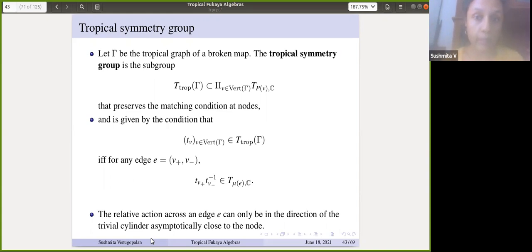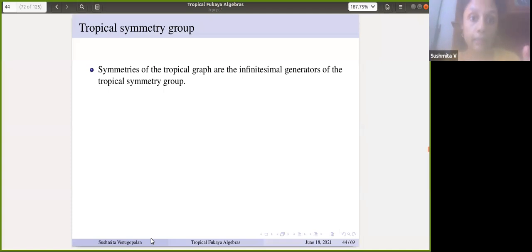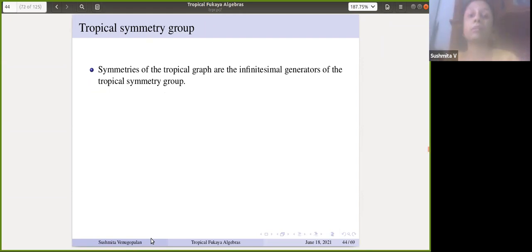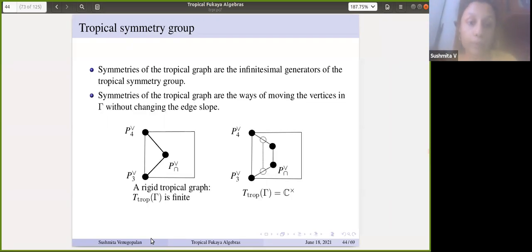This might seem kind of hard to understand, but the really nice thing is that the symmetry group can be read off from the tropical graph, because this matching condition just comes from the intersection multiplicities, which is completely encoded in the tropical graph. So the symmetries of the tropical graph are the infinitesimal generators of the tropical symmetry group. By symmetry of the tropical graph, I mean the ways of moving the vertices in the tropical graph without changing the edge slope.